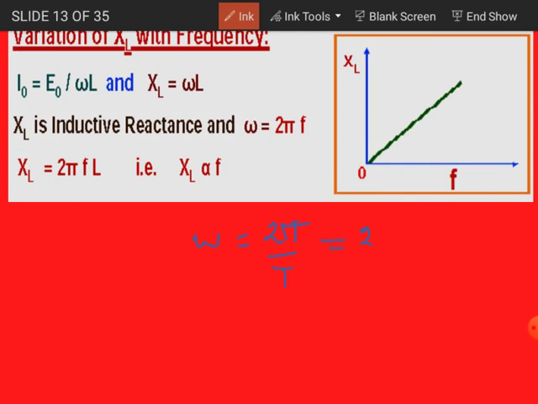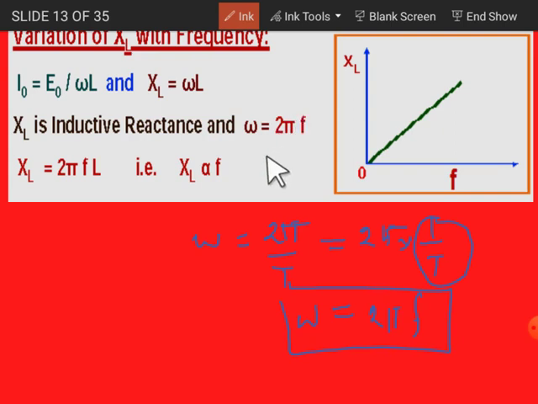So if we write it, this will be twice pi by T, where 1 by T is nothing but the frequency. The reciprocal of time period is frequency. So we can write it as twice pi f. So your omega will be equal to twice pi f. That is what I have written here.